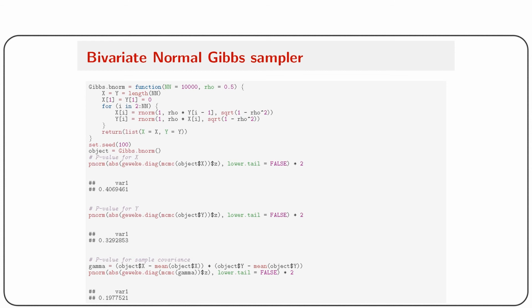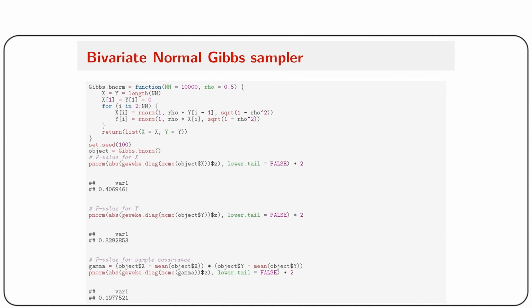Then we also can do a bivariate normal Gibbs sampler. You can define this function. The bivariate normal Gibbs sampler is this, then set seed equals to 100, object equals to gibbs.binorm. Just look into the functions, how they are defined. Hopefully it would be easy for you to understand how the bivariate normal Gibbs sampler has been defined.